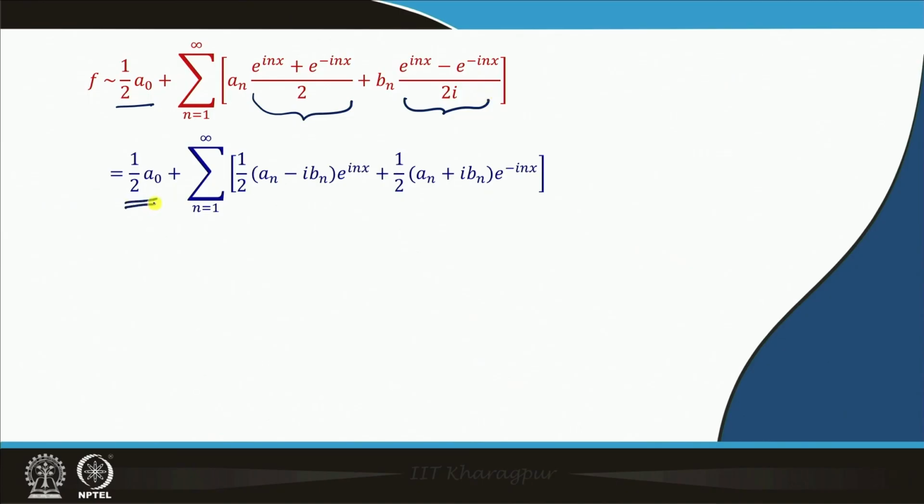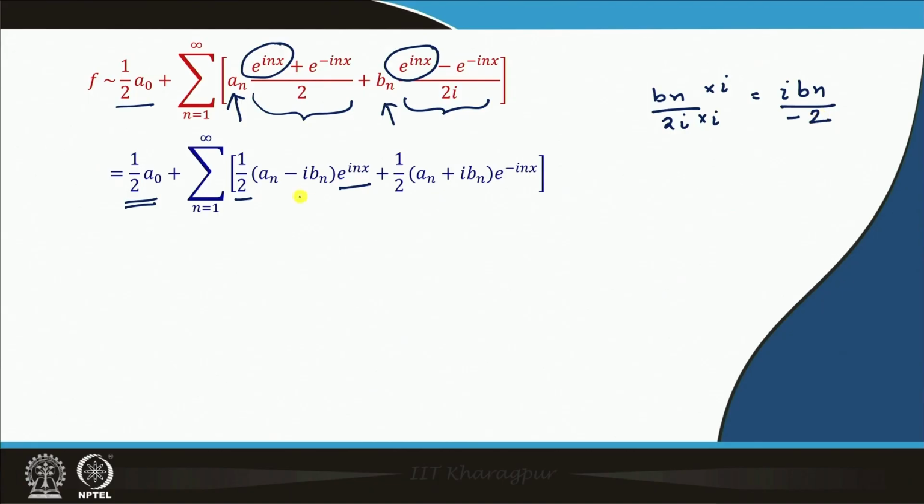We can now do some simplification, because e power i n x is present in both the terms. So, we can take e power i n x common, also the factor half will be common, and then we have a n from this term, and when we multiply and divide by i, there will be a minus sign, and i times b n, because it was b n over 2 i; multiplying by i in both places gives i b n over 2 i square, and that is minus 2.